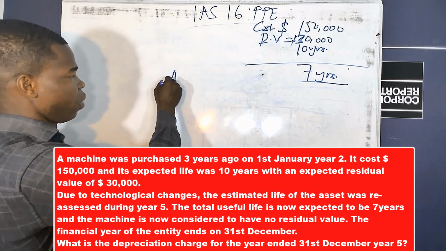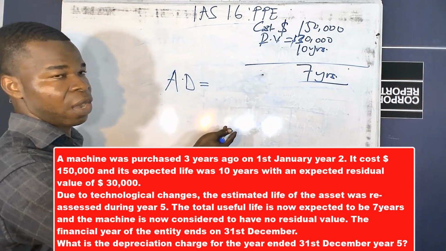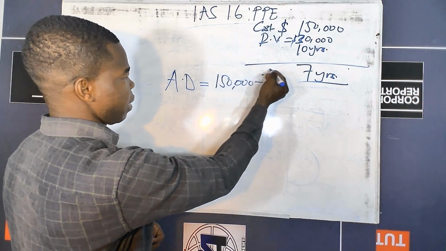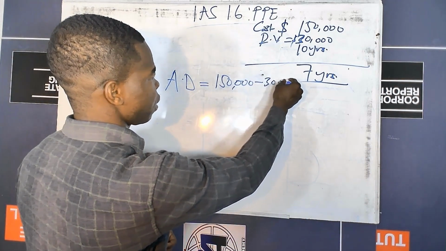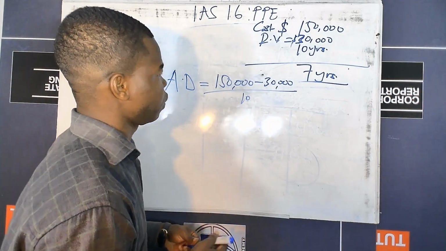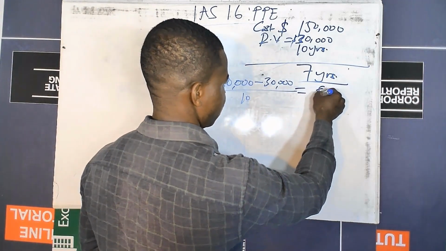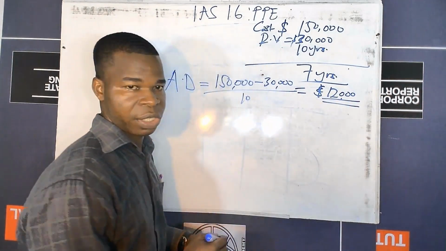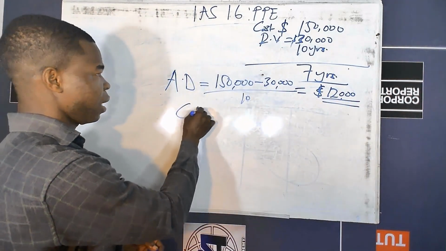Our annual depreciation when we initially acquire the asset is going to be the cost of 150 less our salvage or residual value of 30, then we divide it by 10. So if you do this properly, you are going to get $12,000 to be our annual depreciation. Now we have to determine the carried amount at the date of the review.